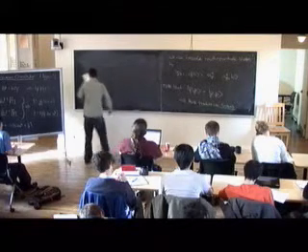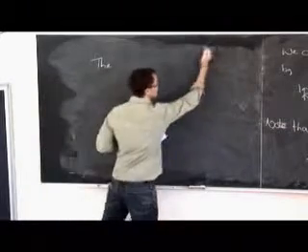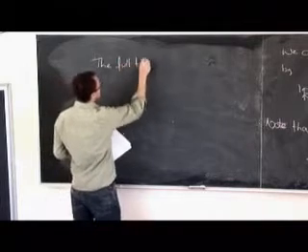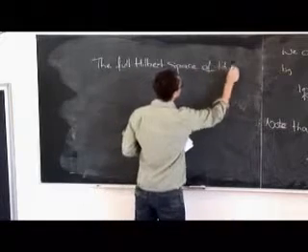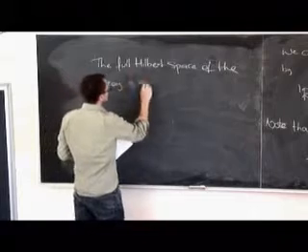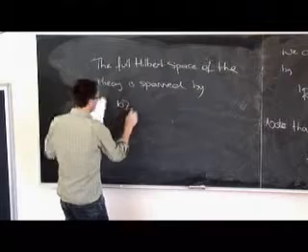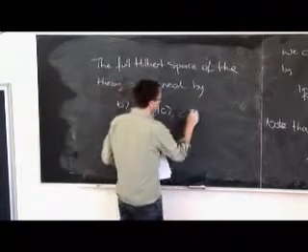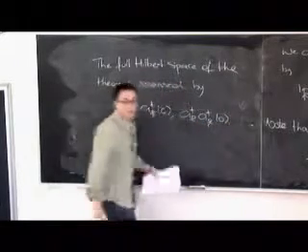People have been asking me for a couple of lectures now, what's the Hilbert space on which these operators are acting? So now we can give a pretty good definition of it. The full Hilbert space of the theory is spanned by the vacuum and the 1-particle states and the 2-particle states, and off you keep going all the way to infinity.